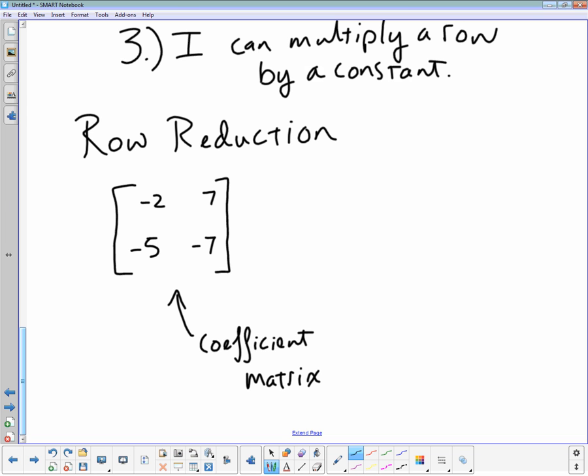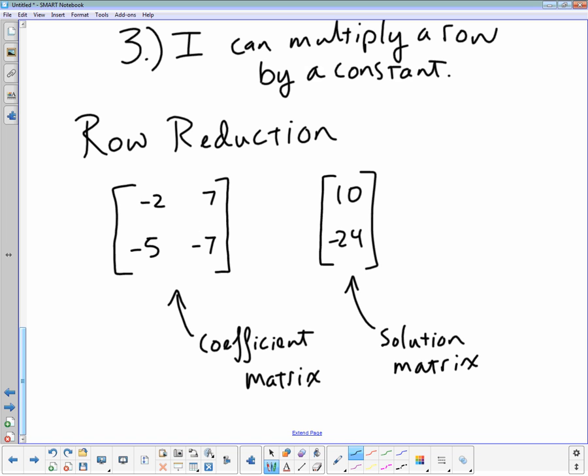And what we also have is a solution matrix. I think it was 10 and -24? Multiply matrices together, we're not going to worry about that right now. Instead, what we're going to play with is how to reduce, because I think that's a heck of a lot more fun.